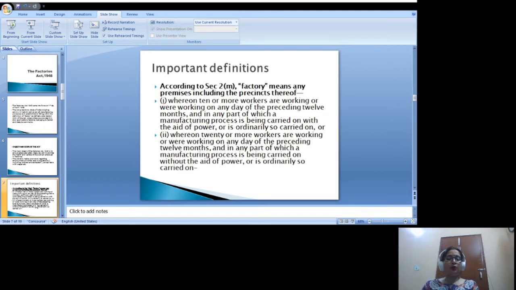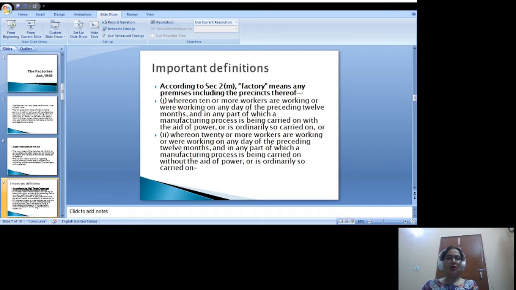So, according to section 2(m) of the Factories Act, factory means any premises including the precincts thereof whereon 10 or more workers are working or were working on any day of the preceding 12 months, and in any part of which a manufacturing process is being carried on with the aid of power or is ordinarily so carried on.